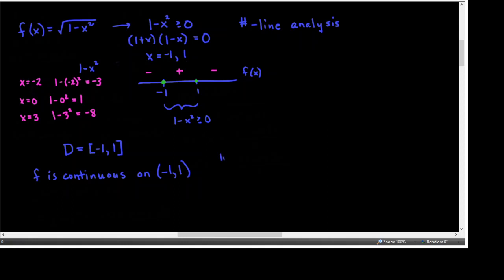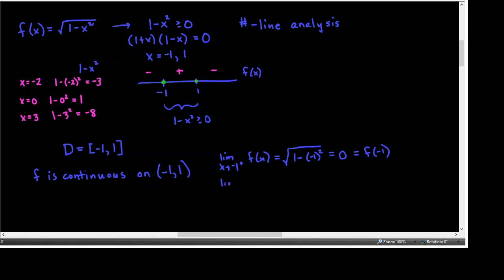I could easily say that the limit as x approaches -1 from the right of f of x can be done by substitution as long as it doesn't give us an invalid number. This will be 1 minus -1 squared, which is 0, and that's the same thing as f of -1. So it's continuous at -1 from the right.